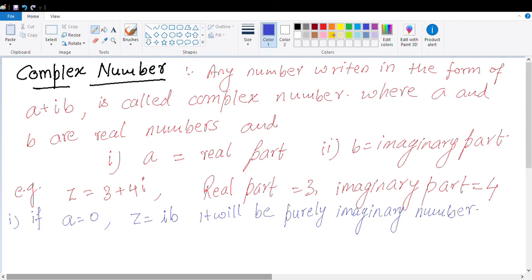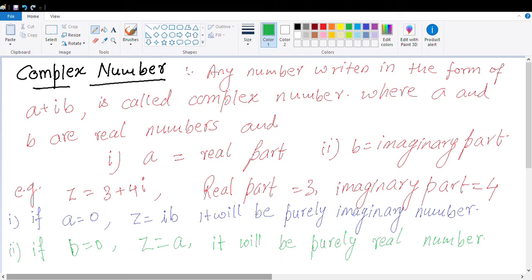And second, if the imaginary part is 0, that is, if b equals 0, then z will be equal to only a, that is, it will be a purely real number. So remember, if the real part of a complex number is 0, then it is purely imaginary, and if the imaginary part is 0, then it is purely real.